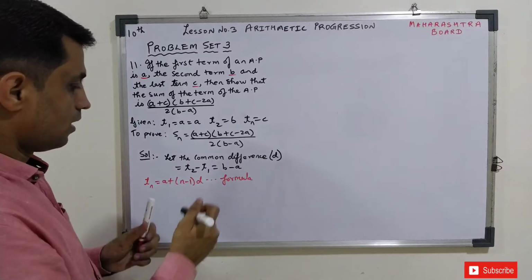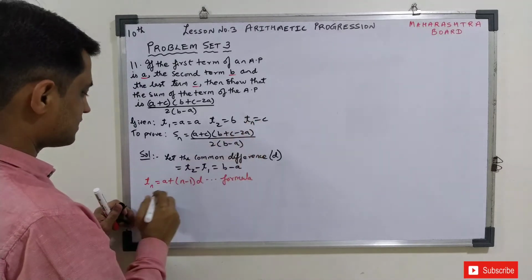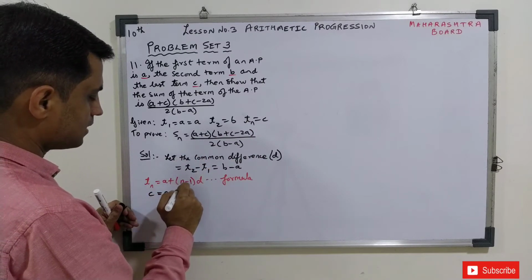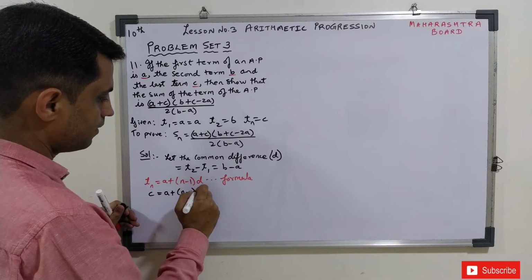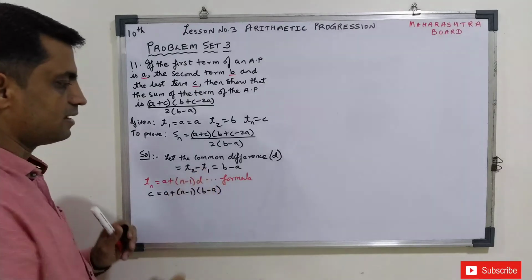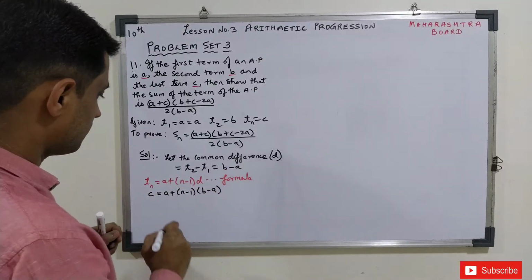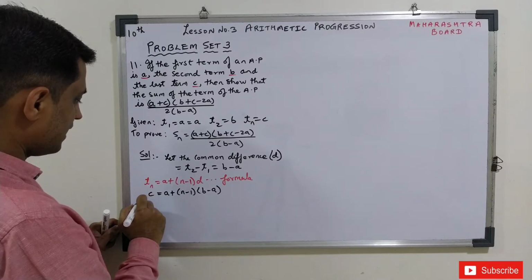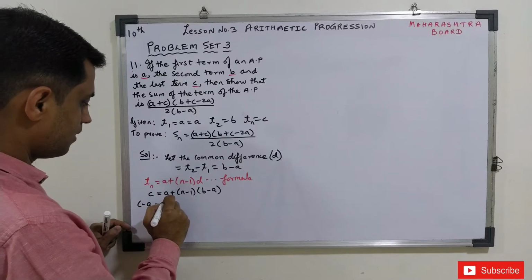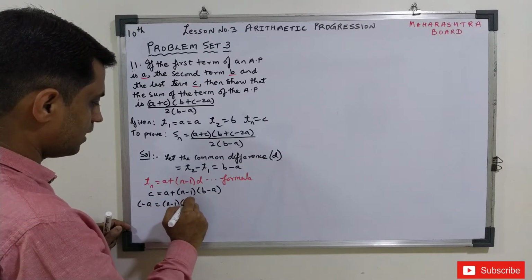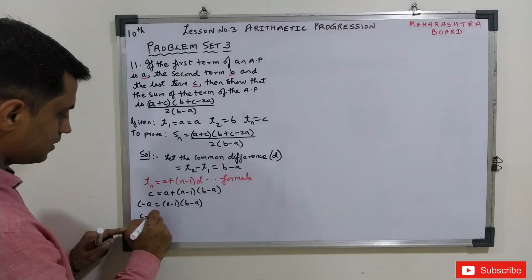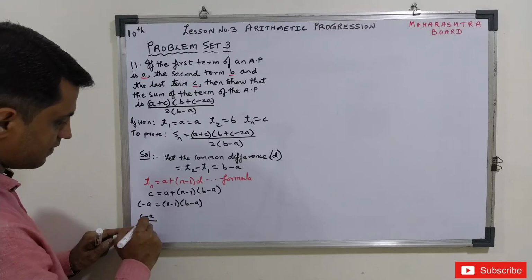Now our Tn is C, our A is A, plus n minus 1 into D. What is our D? B minus A. Yes. Now we can write this as C minus A. This A is shifted here. n minus 1 into B minus A. Now C minus A, this B minus A will come down.